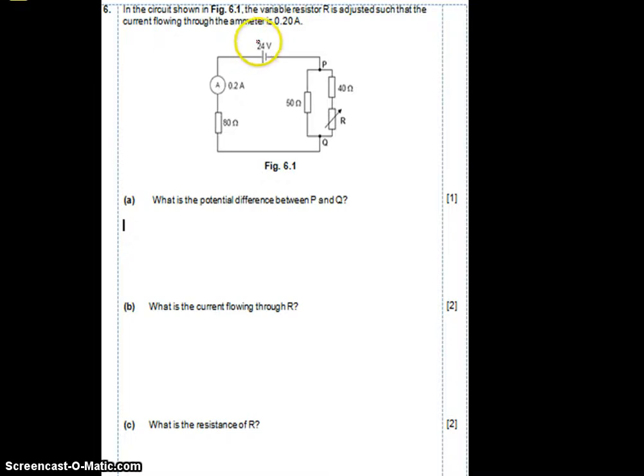So as we look at this DC circuit, there's a source over here which is a cell, and it provides what we call the electromotive force, or in short, EMF.